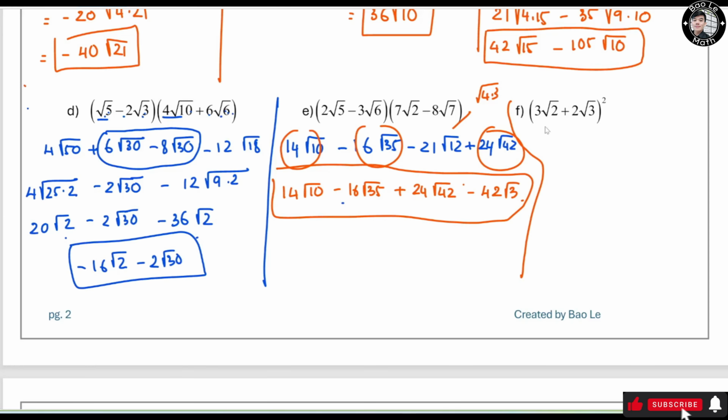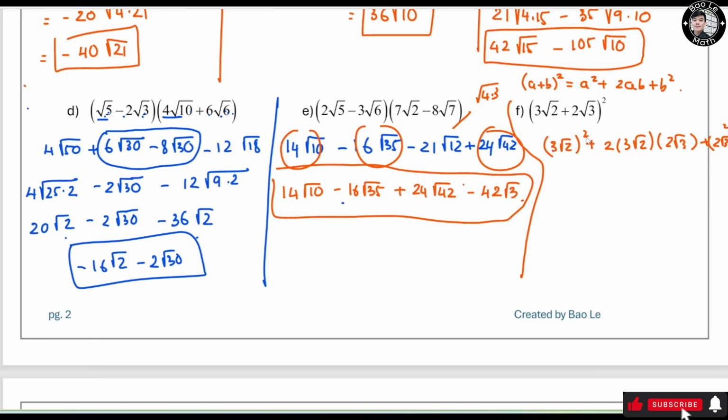Now question F, we're going to use complete square formula, right? So we have A plus B all together square equals A square plus 2AB plus B square, right? So we have 3 root 2 all together square plus 2 times 3 root 2 times 2 root 3 plus 2 root 3 all together square, right?